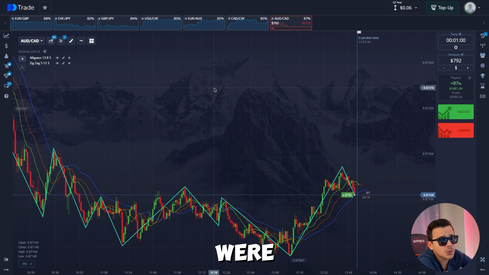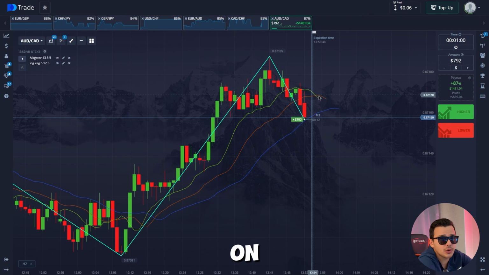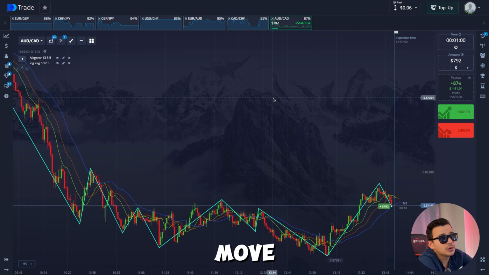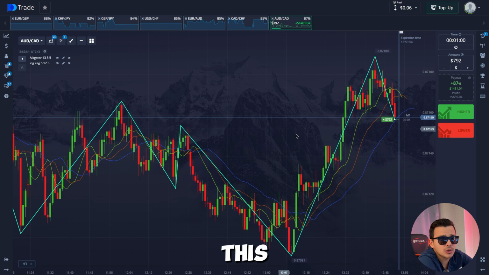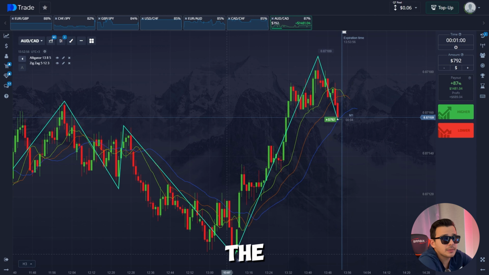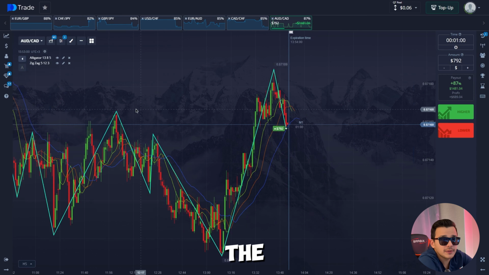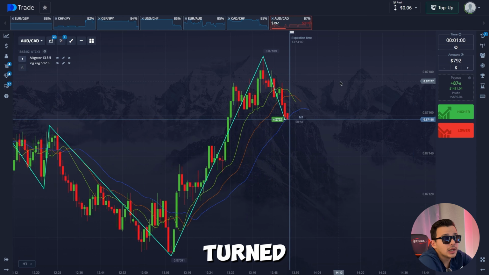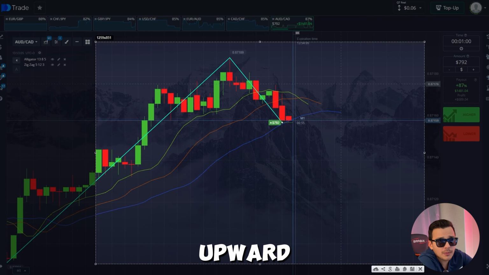So far there was no strong crossover of the moving average on the alligator and more flat dynamics here on this currency pair. But with the update, the price will continue to trade on the upside. The dynamics of the movement has turned and began to take on a more upward character.